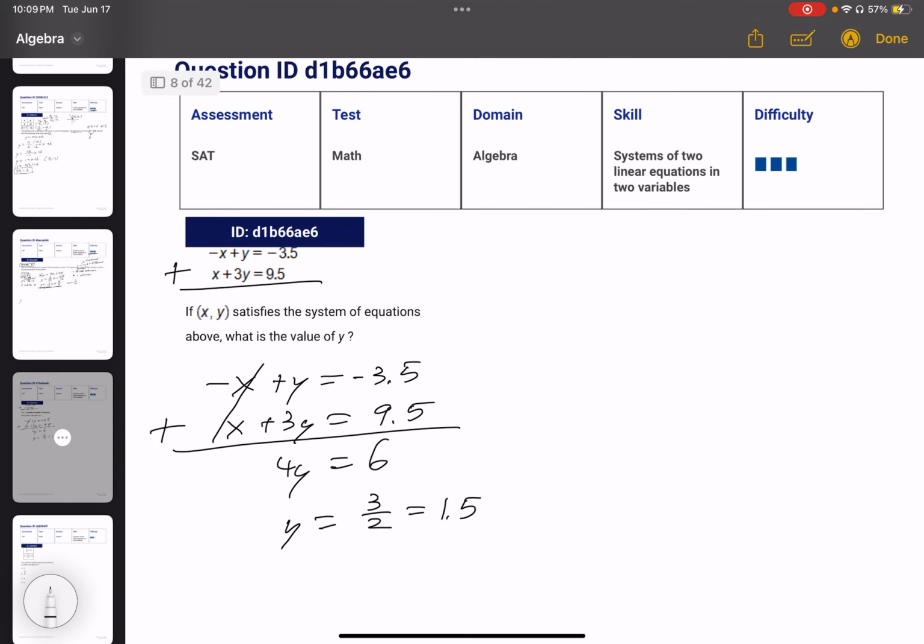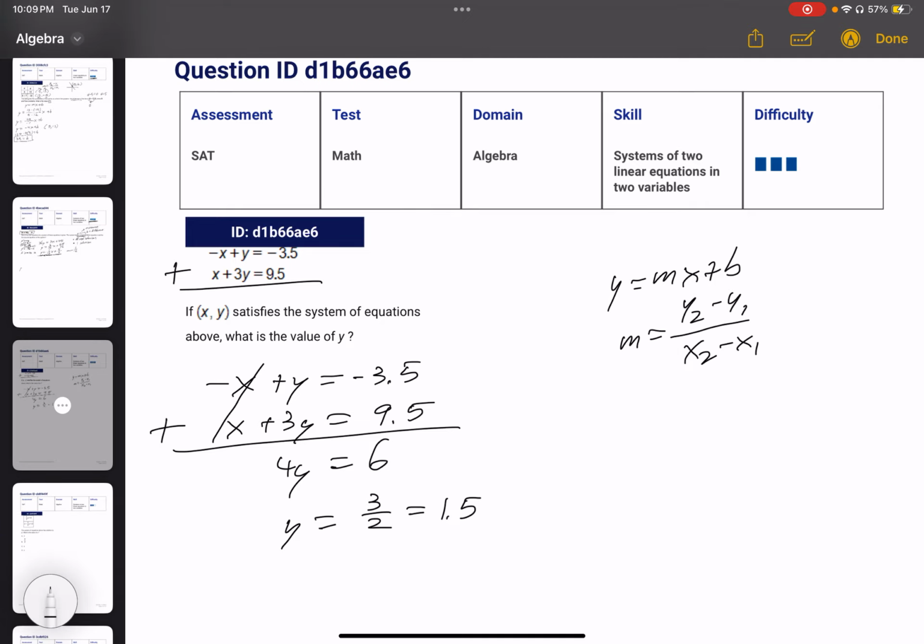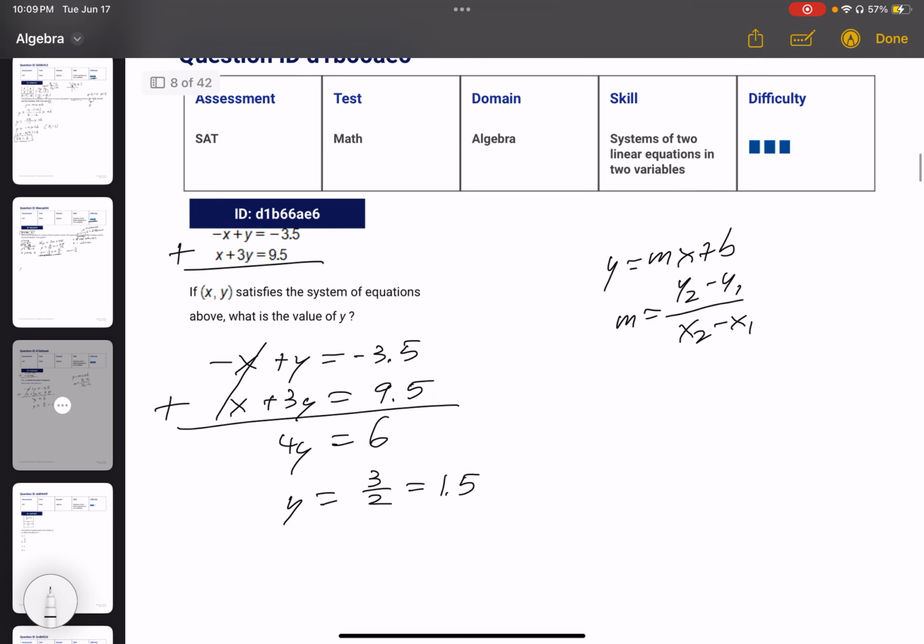And you want to know your form of a line, y equals mx plus b. You want to know how to find your slope, y2 minus y1 over x2 minus x1, and just basic algebra knowledge that you should try and have down before you go into this test to get the maximum amount of points possible.